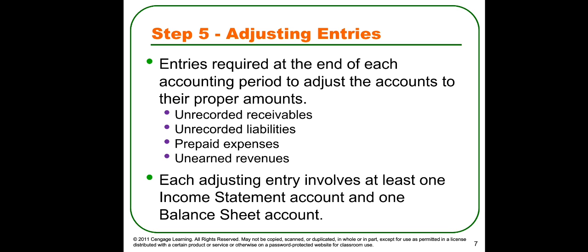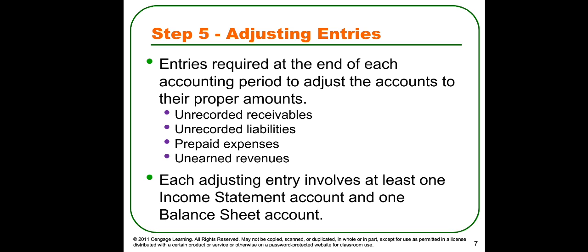If somebody asks you why a business has to do adjusting entries, the answer is the business has to do adjusting entries because the business follows the matching principle. The matching principle says if a business wants to calculate profit for one accounting period, then the business has to match revenue for that period with expenses for that period only.